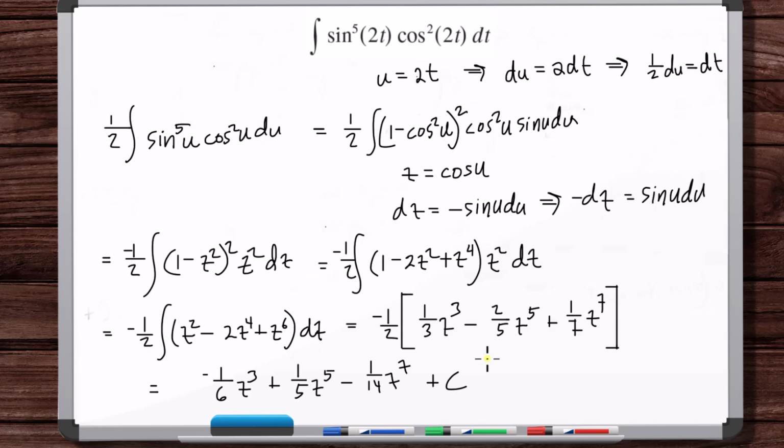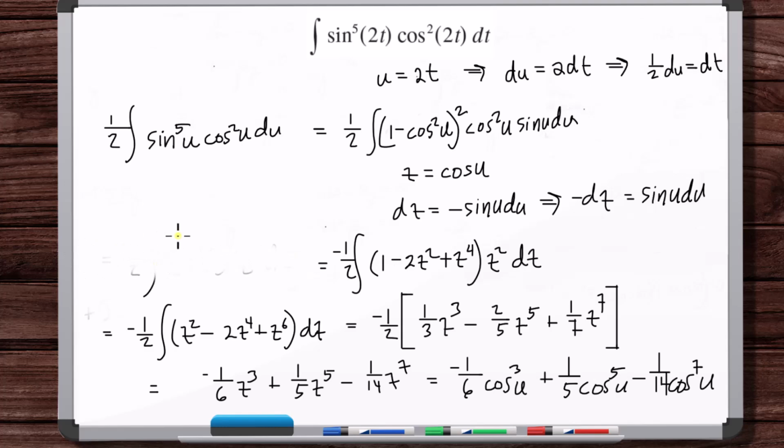Oh, wait, no. I'm messing up here. We got to substitute back. So, okay. Minus 1/6 cosine cubed of u plus 1/5 cosine to the fifth of u minus 1/14 cosine to the seventh of u.